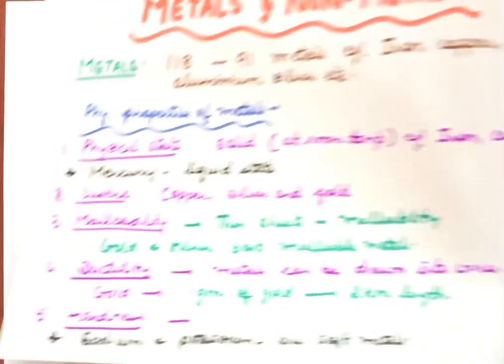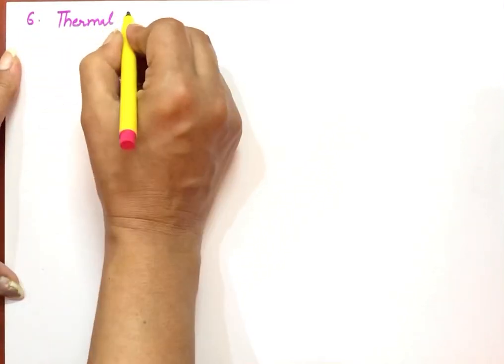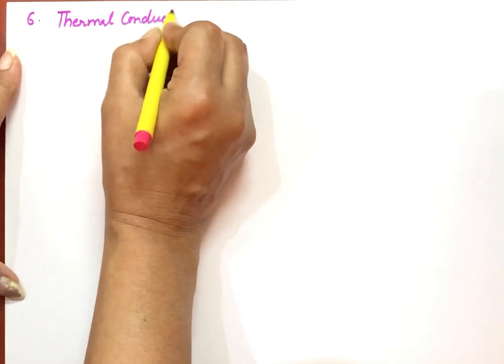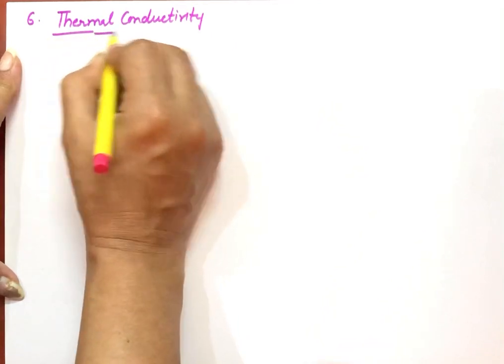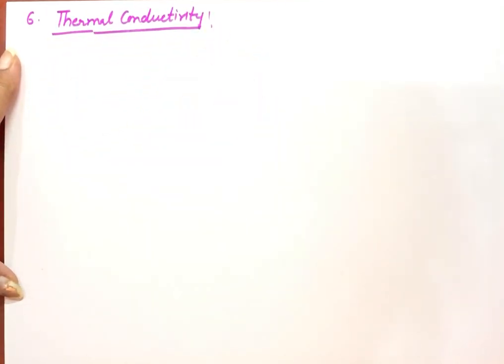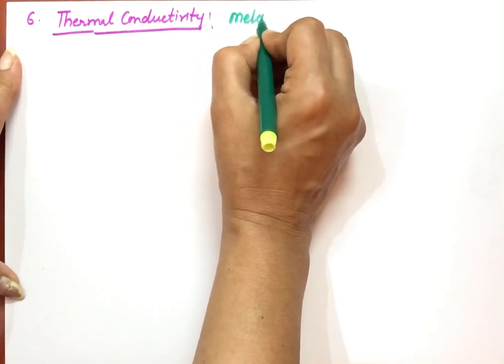Next physical property of metals after hardness, the sixth property, is thermal conductivity. Thermal means heat. Conductivity means conduction. So they conduct heat. This is called thermal conductivity. Metals are good conductors of heat.